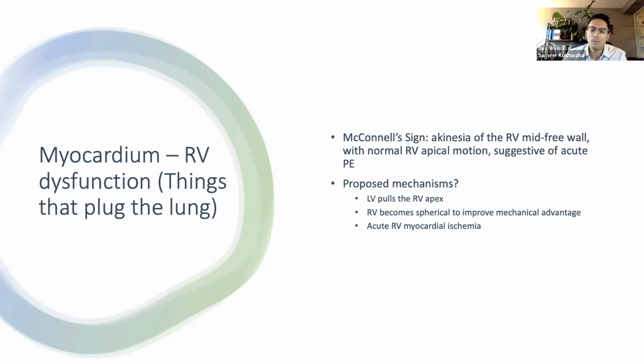It's also thought that to accommodate the increased right-sided pressures, the RV assumes a more spherical shape in order to improve its overall mechanics. And then it's also thought that there may be some supply-demand mismatch occurring on the right ventricle in the context of suddenly increased RV afterload. And this causes some RV ischemia due to increased wall stress and reduced coronary perfusion because of high right ventricular end diastolic volume and end diastolic pressures and decreased blood pressure.